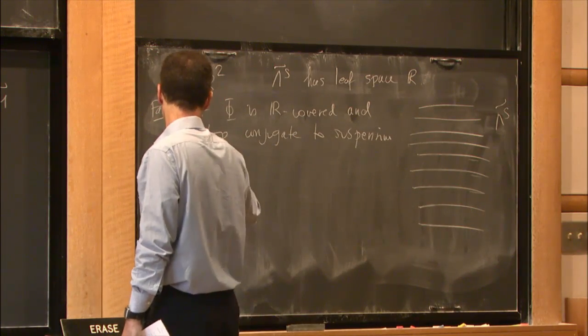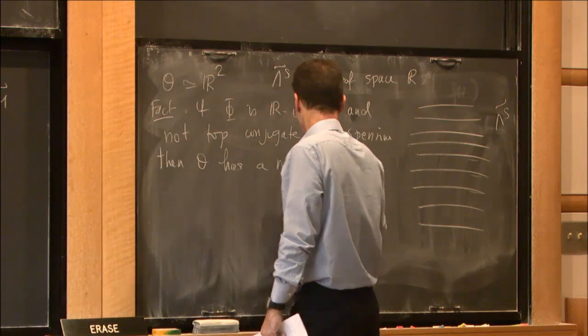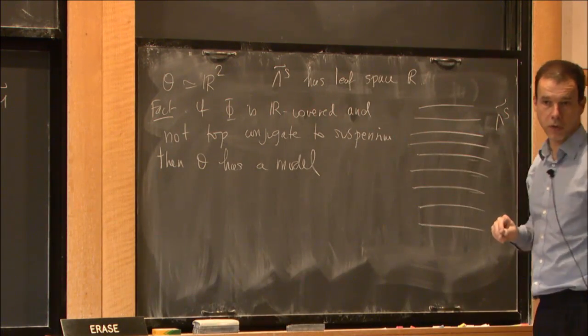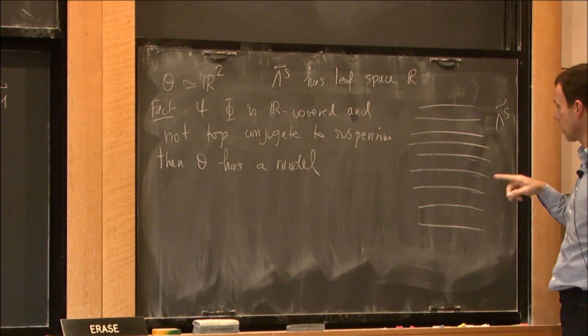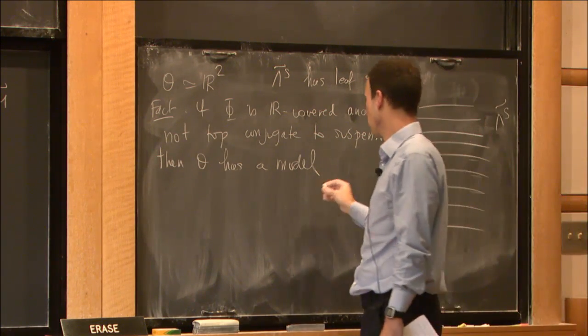Then the orbit space has a model. So I'm going to describe what the other foliation is. It turns out that the other foliation, I'm assuming that the stable foliation is R-covered, also is R-covered, and it's very simple.